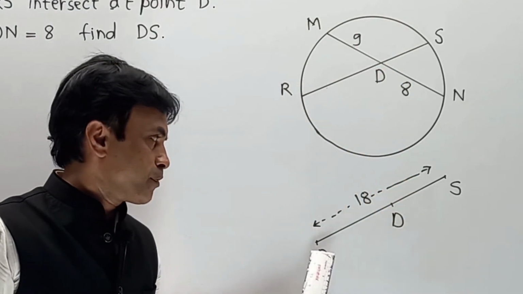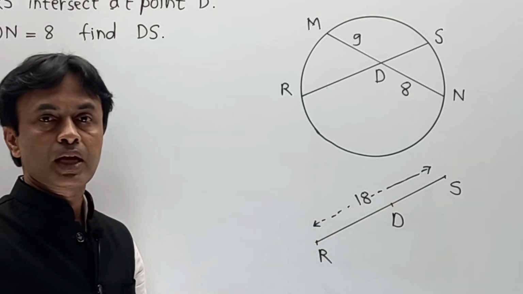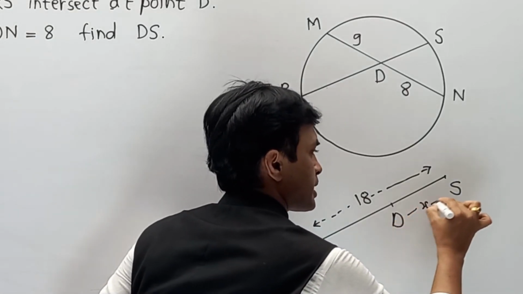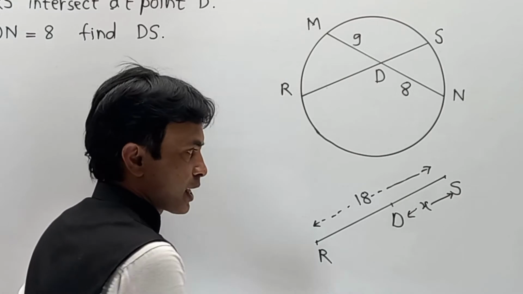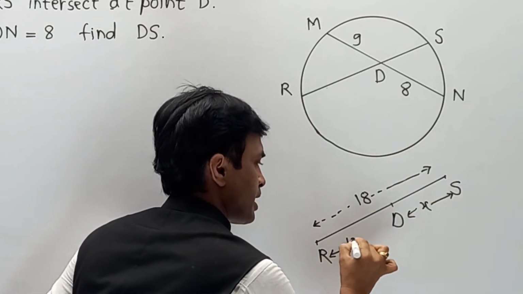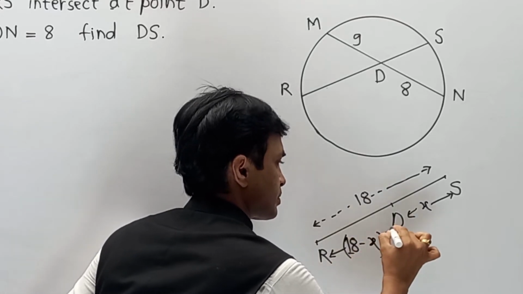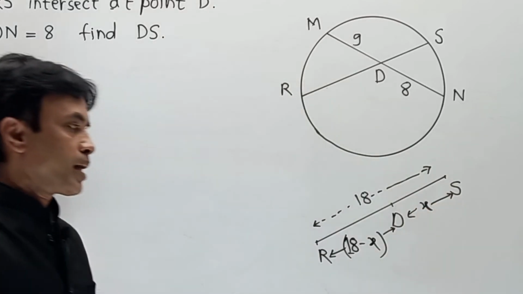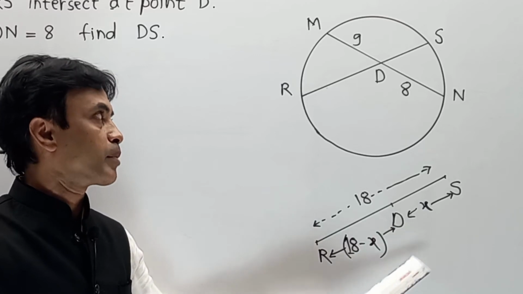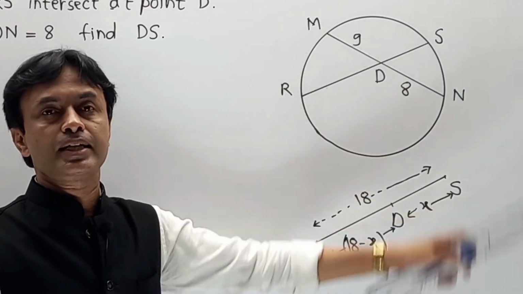Remember, if total RS is 18, and D is somewhere over here, I am going to assume one part, this portion, as X. Automatically, if it is a total of 18 and one part is X, the other value becomes 18 minus X. So one part becomes X, the second part becomes 18 minus X, and I am going to use this part over here. No doubt, the chords intersect inside the circle.